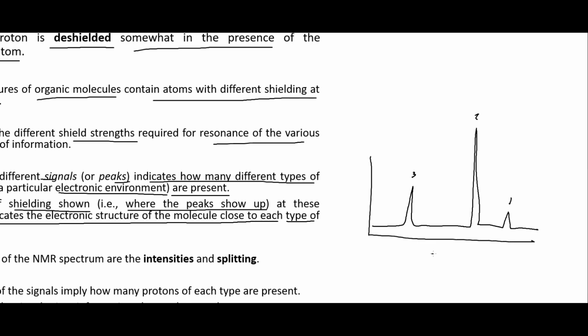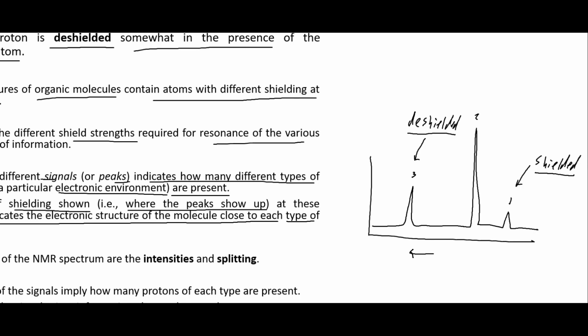This one is further this way, and so that means it is more de-shielded, where this one is the most shielded right here. So that has the most electron density, which means this one here must be in an environment where there are more electronegative atoms very nearby, where this one right here has fewer electronegative atoms nearby.